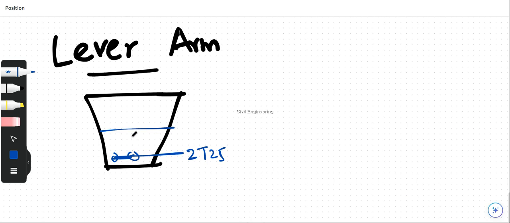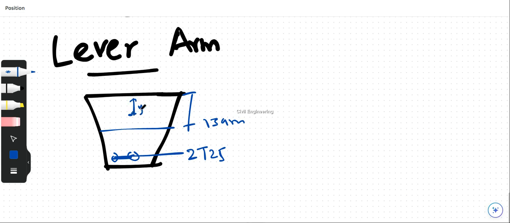So we have to find, as we know that the depth is 139, as the depth is 139, we have to find for the centroid of this concrete section.